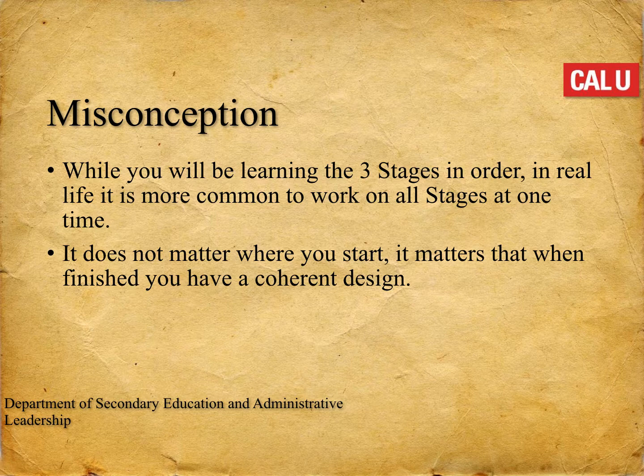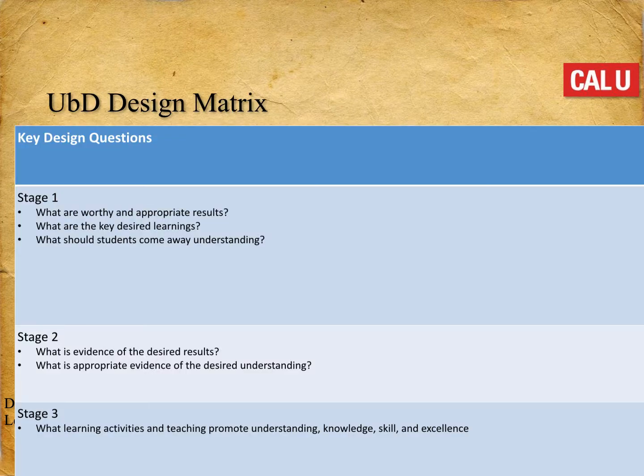And this last slide, ladies and gentlemen, just kind of outlines the rest of the text as it relates to the 3 stages of the UbD design framework. Chapters 3 through 6 deal with stage 1. And again, as I mentioned, those are big ideas. Those are those essential questions.